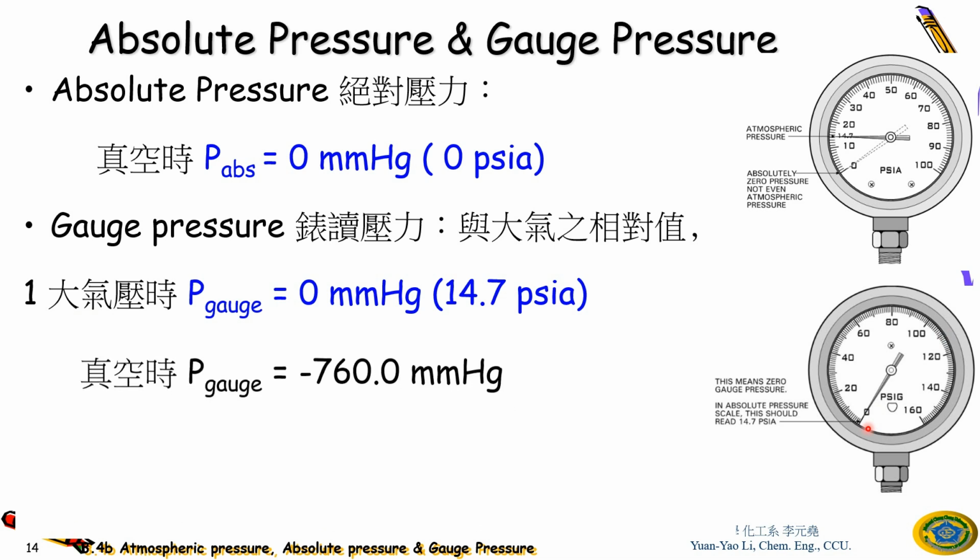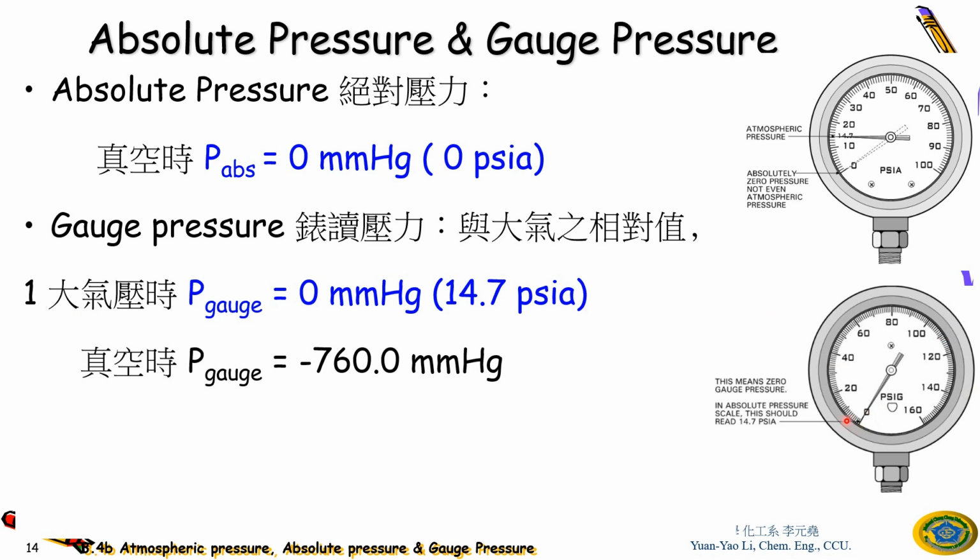You might say, well, Professor, if at atmospheric pressure the indicator goes to 0, then what happens to the vacuum? That will be minus, right? Minus 760 millimeter mercury.